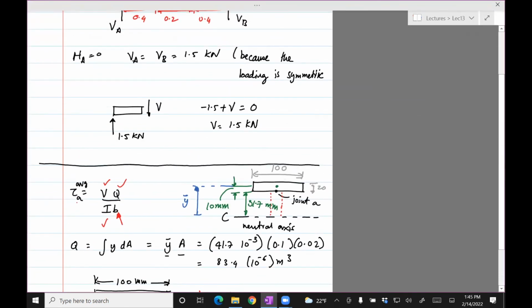Our convention is positive is downwards. Now, if the shear force was in fact negative, it just means that the shear stress direction is reversed, and it has really no consequence over here. So even if V was negative, you would just go ahead and put a negative sign. That's not a problem. It just says that the shear force will be the other way.